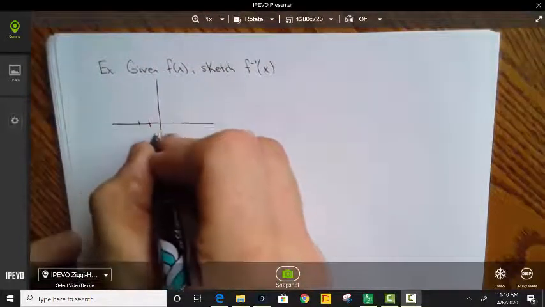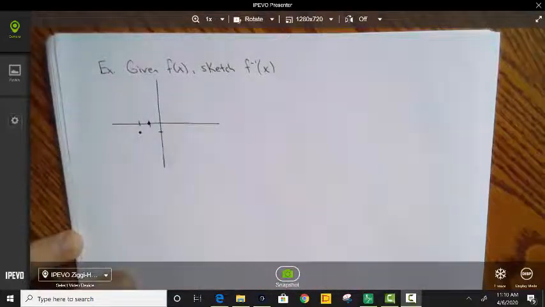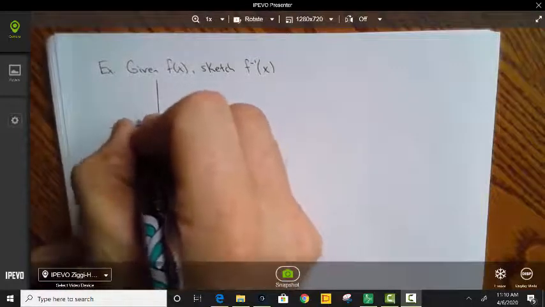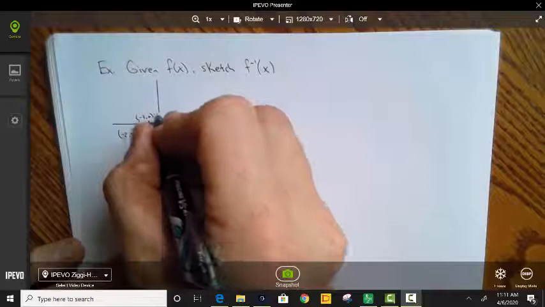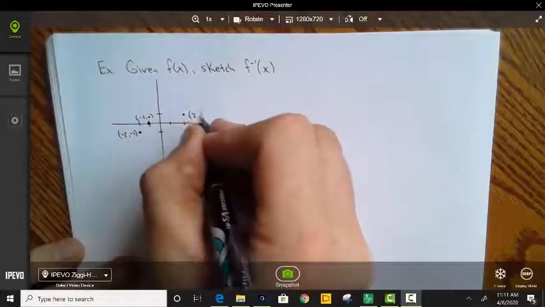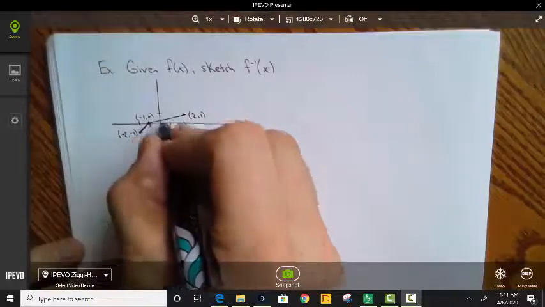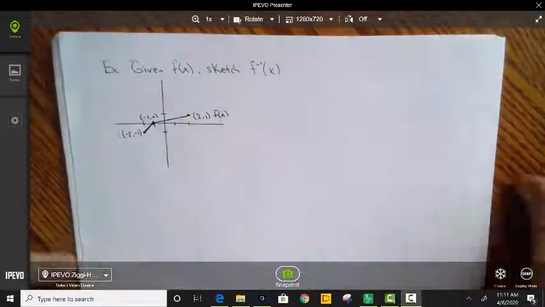So (-2, -1), (-1, 0), (2, 1). And let's say this is the graph of f of x.